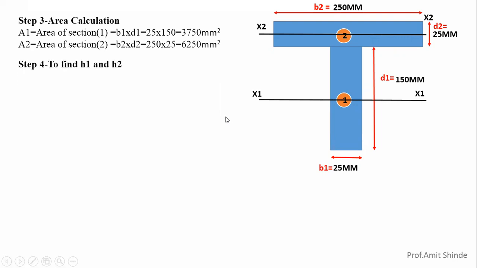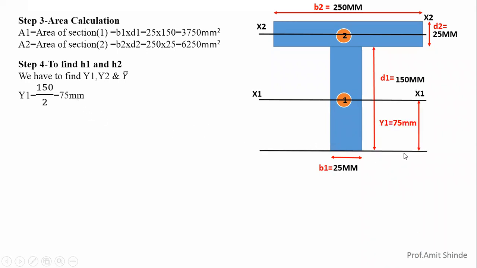The next step is to find h1 and h2, the distances between the two parallel axes. To find this, y1 is 150 divided by 2, that is 75. This distance is y1, 75 millimeter.